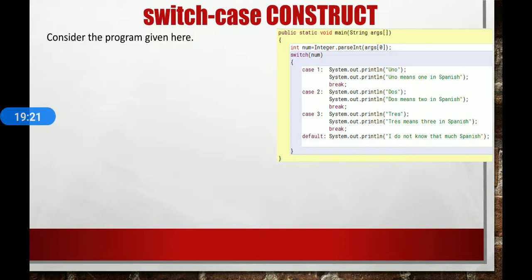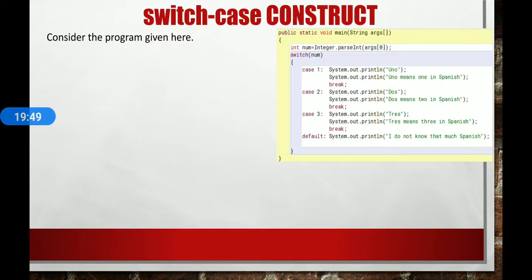If the value of num is 1, it will display the message, which means 1 in Spanish. Then it will break and move out of the switch block. If the value of num is 2, it will display the message "dos", which means 2 in Spanish. Then again it will move out of the switch block because of the break statement.